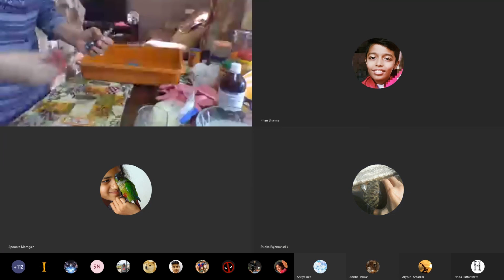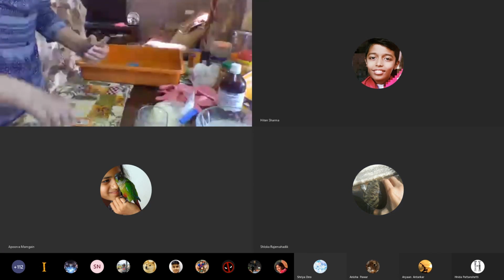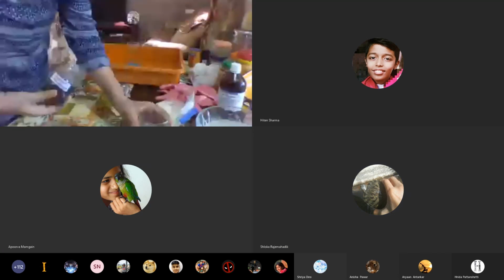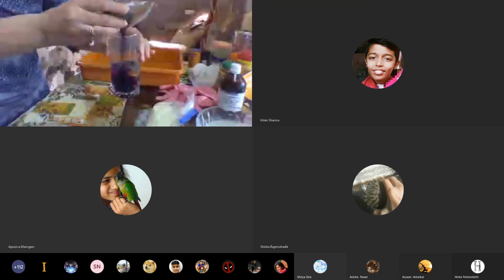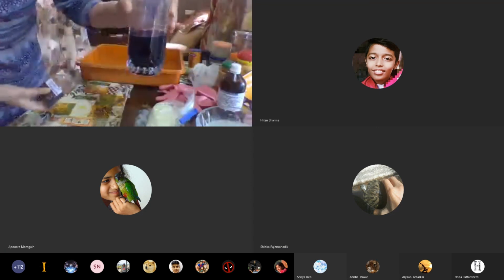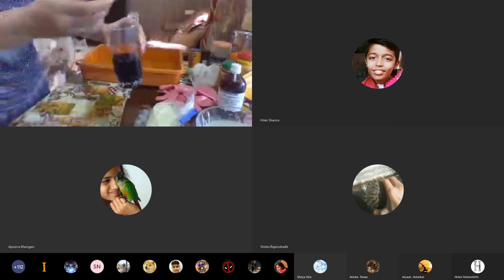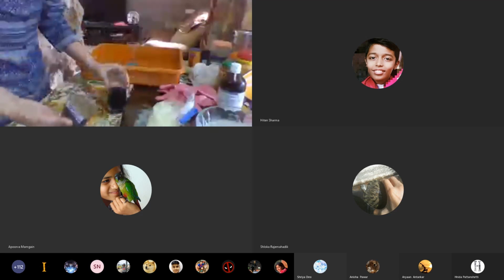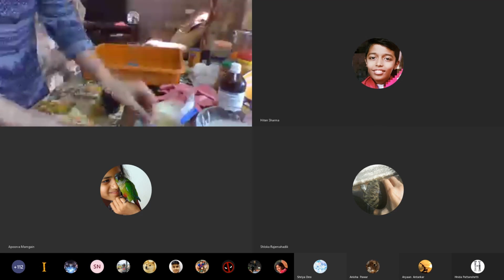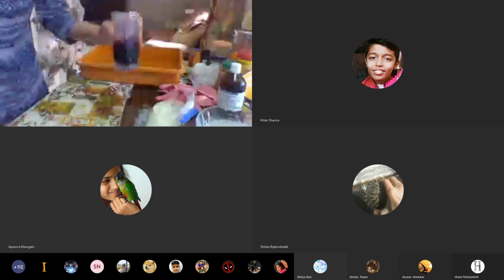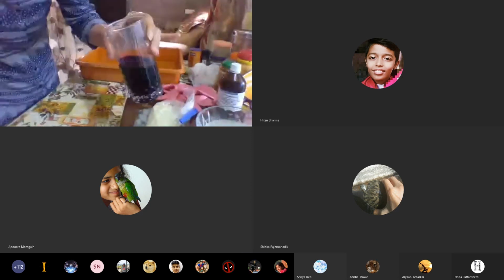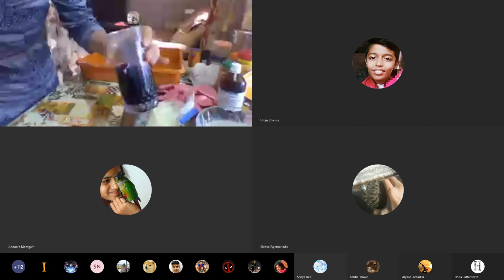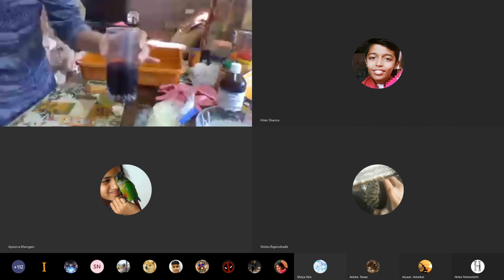So, this is a glass filled with water. Can you see? This is potassium permanganate and it is violet in color, pinkish violet in color.